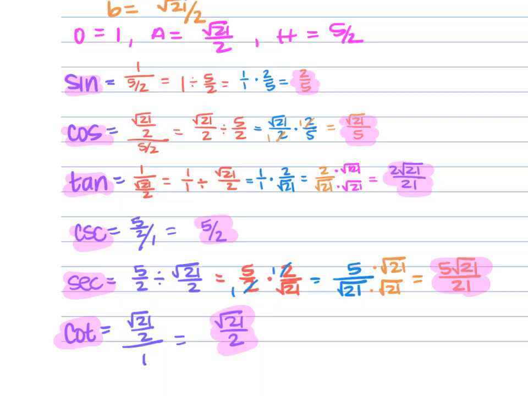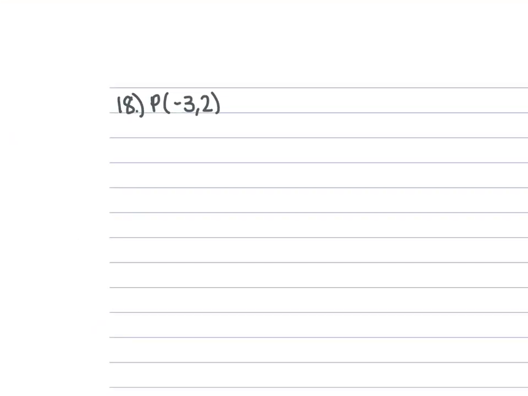Got to remember, sine is y over r, cosine is x over r, and our tangent is y over x. So for 18, we have to find what r is for all of these. As of right now, our x is 3, our y is 2. So we're going to use that in our Pythagorean theorem. So we're going to have 3 squared plus 2 squared is equal to r squared, or c squared, same thing.